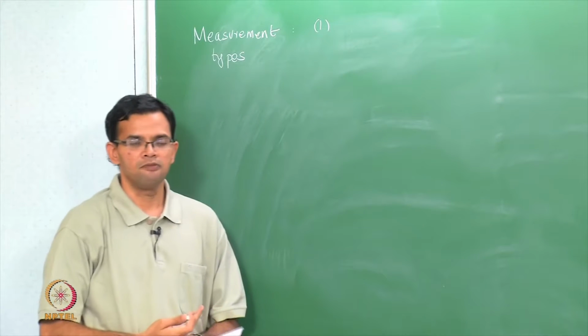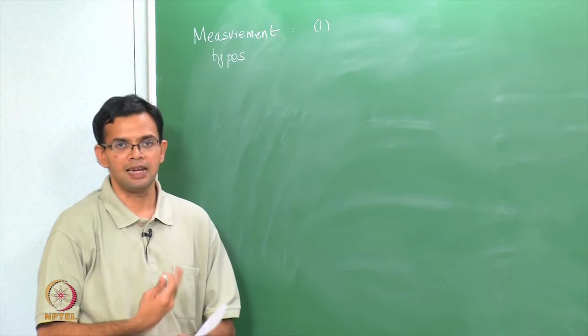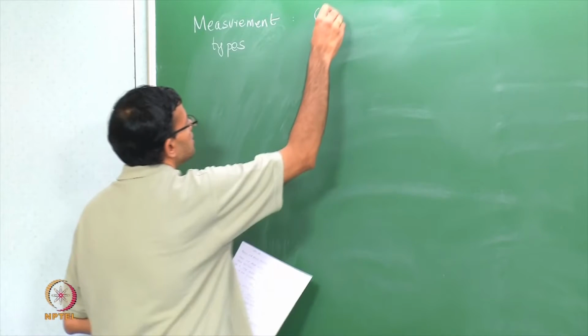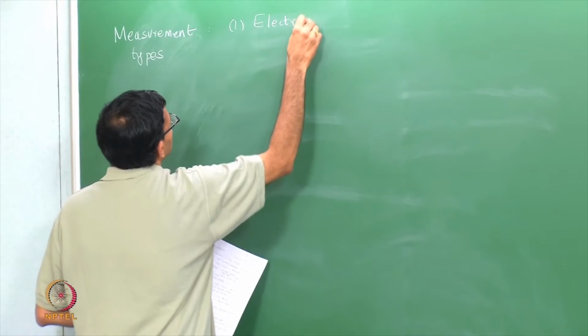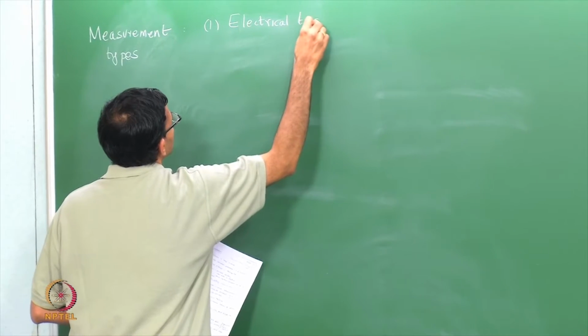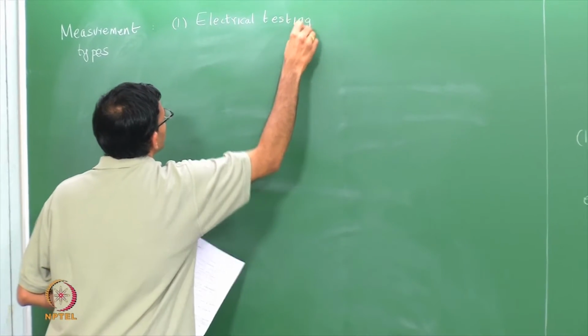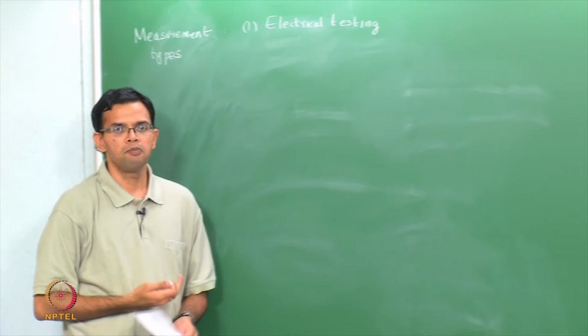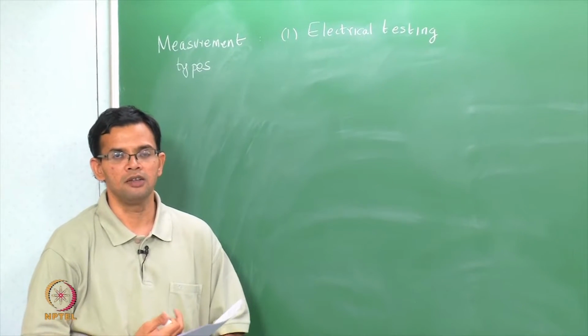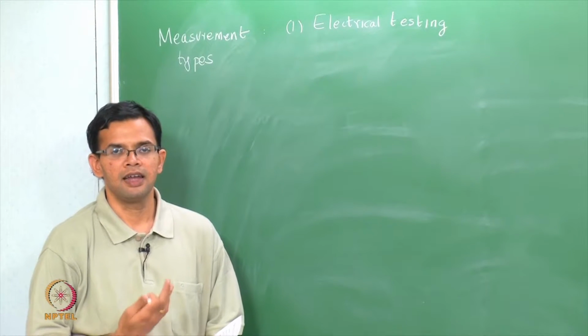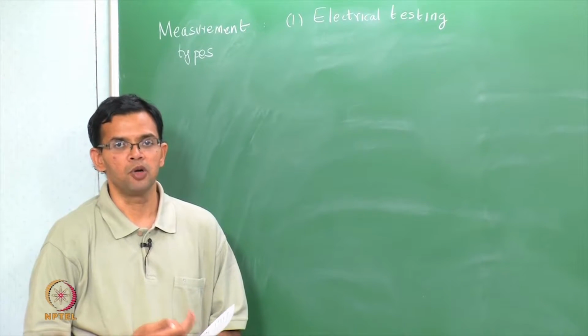The first kind of measurement of course is electrical measurement or electrical testing. This is important because at the end we are manufacturing an electronic device. So, the electrical characteristics of the device are very important.